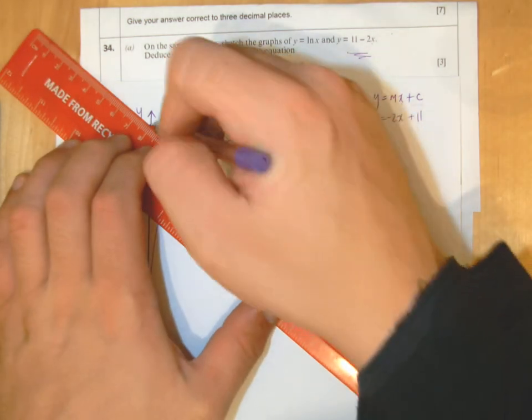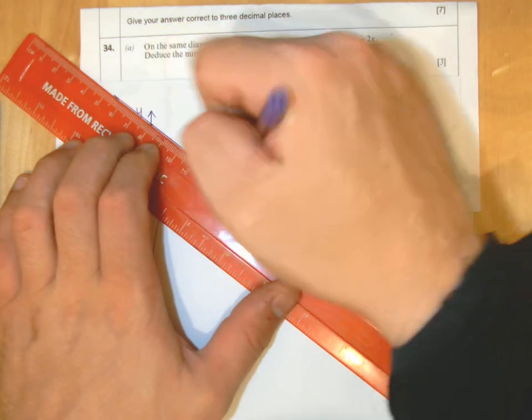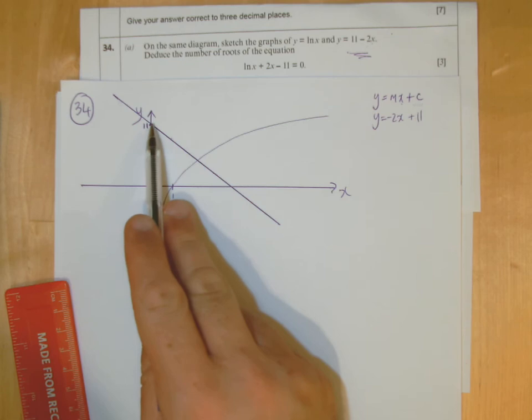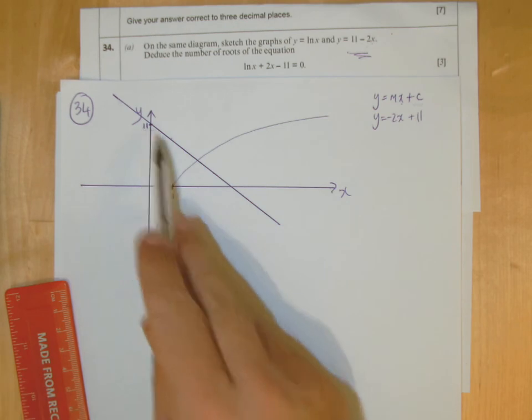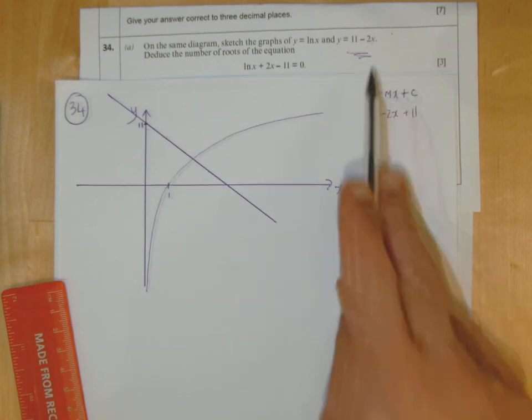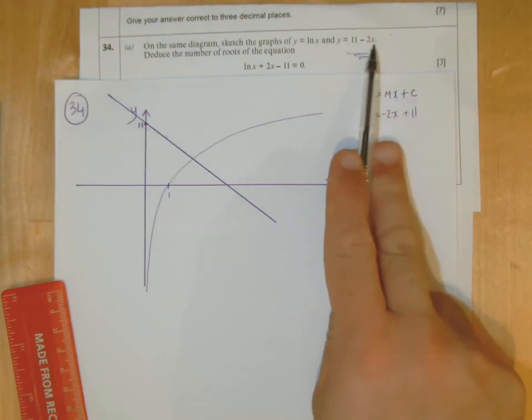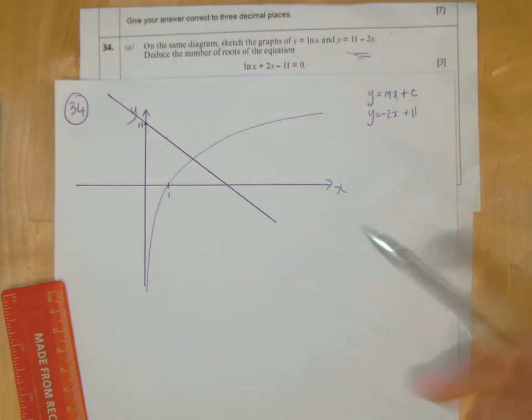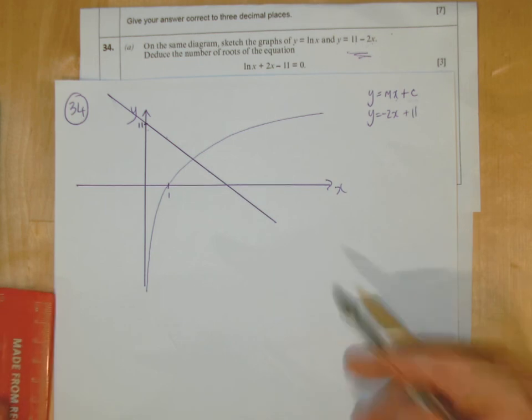It's just a sketch at the end of the day, just to show that it cuts the y-axis at 11, with this negative gradient. The other way you could draw this is to pick some points. You could set x to equal 0, y would be 11. You could set x to equal 1, y would be 9. You could get a few points so you know where to draw it.